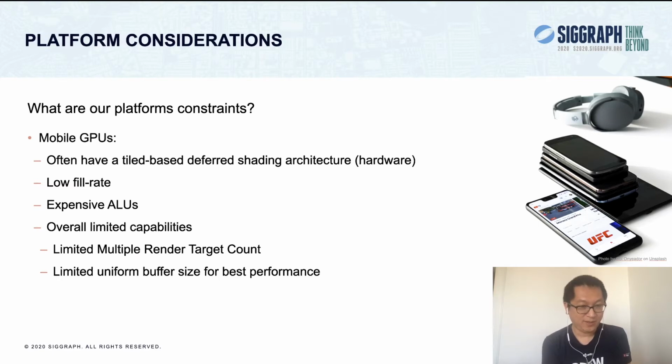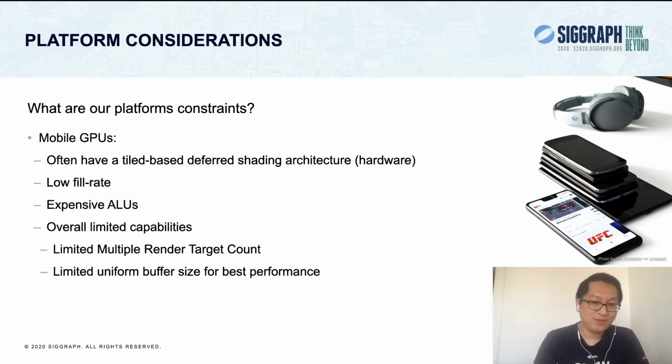They have very low fill rate, so you cannot do a lot of overdraw or expensive arithmetic operations. You have to be very careful about the complexity of your shaders because it easily has an effect on your frame rate. And overall, mobile GPUs have limited capabilities.